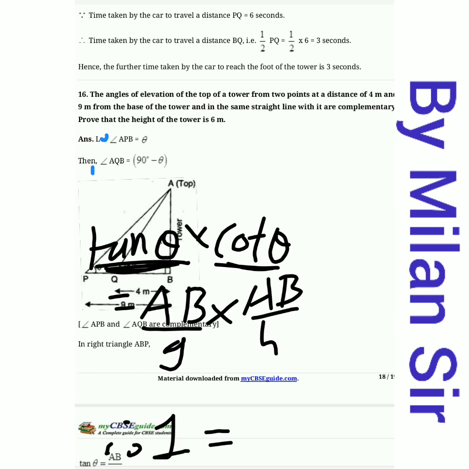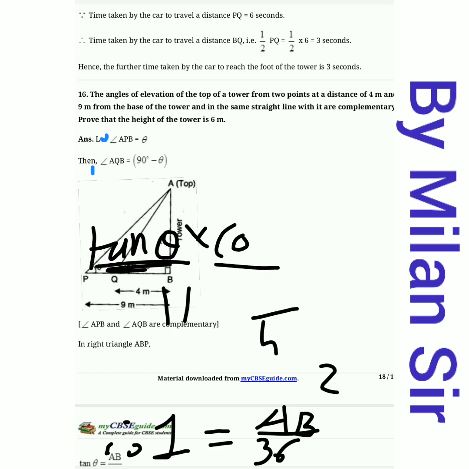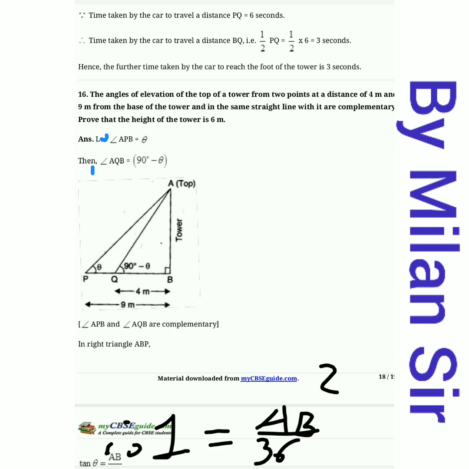Now on the right hand side, numerator times numerator: AB multiplied by AB is AB square, and in the denominator 9 multiplied by 4 is 36. Now transfer this 36 to the left hand side, so it goes to the numerator.